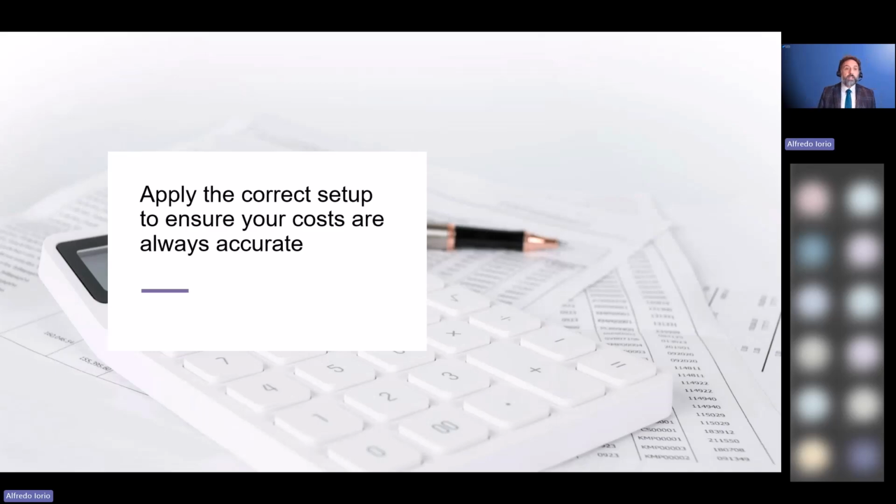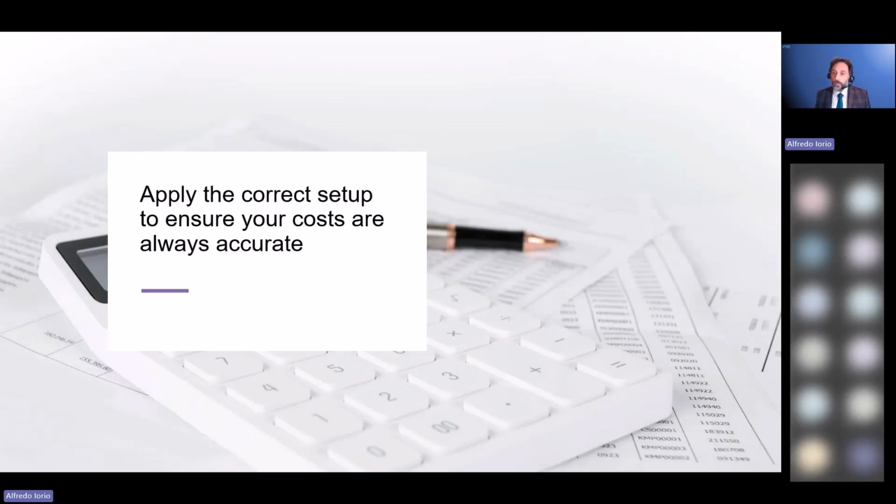So before we get into the demo, let's talk about setup, because setup is arguably the most important thing that we do before we can even start using Business Central. And unfortunately, too many organizations go live with the wrong setup. And this is pretty much what I do now that I do training, right?